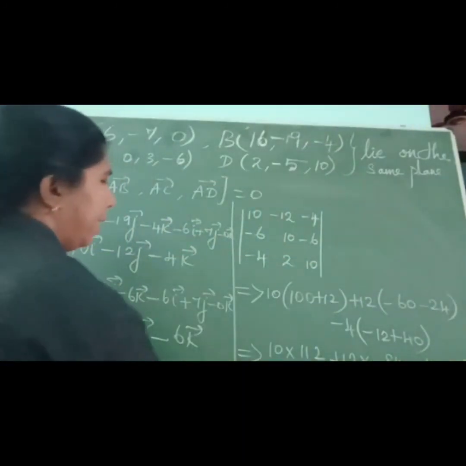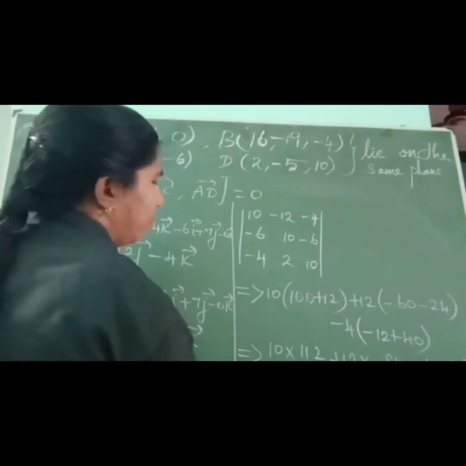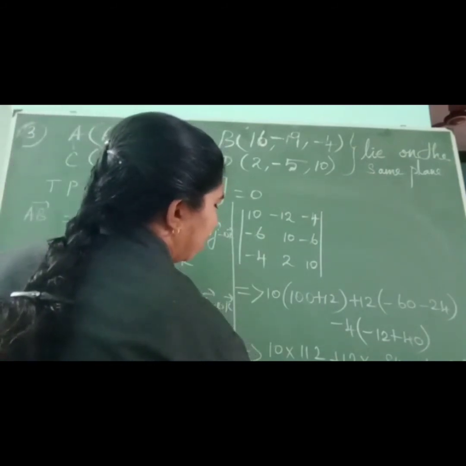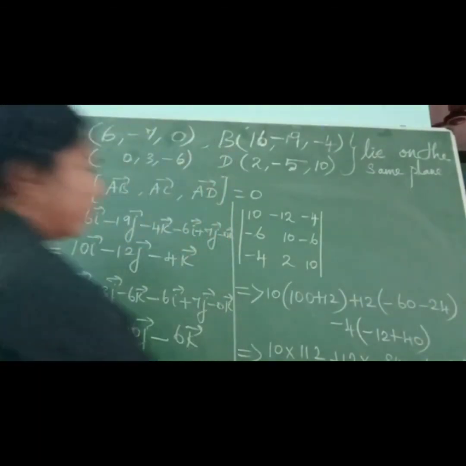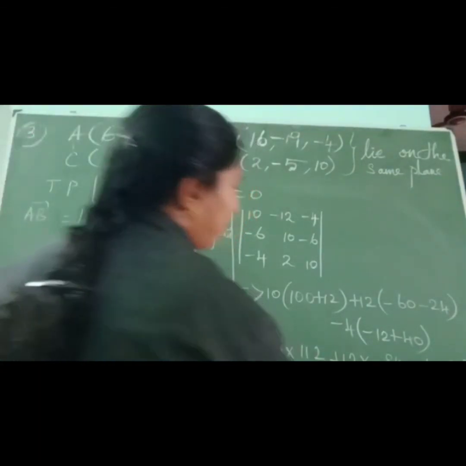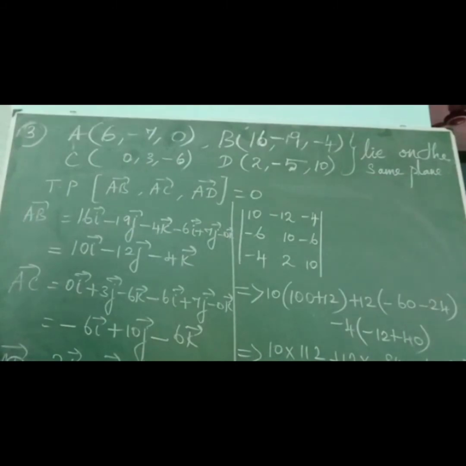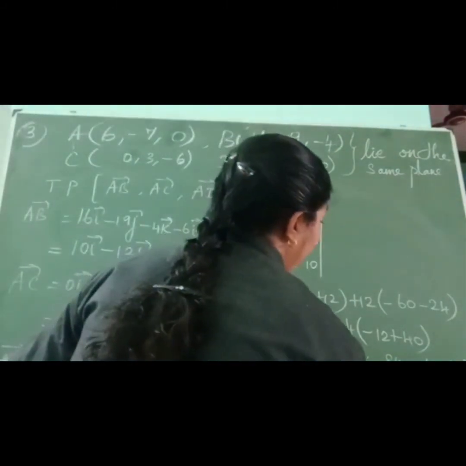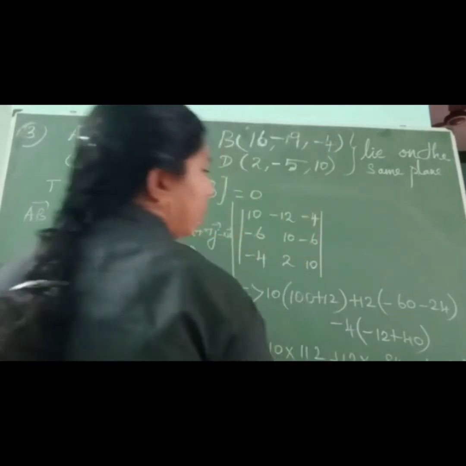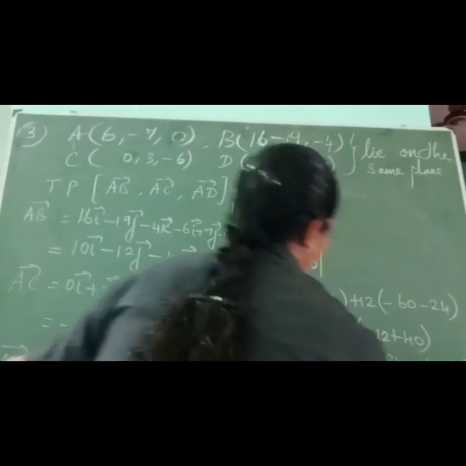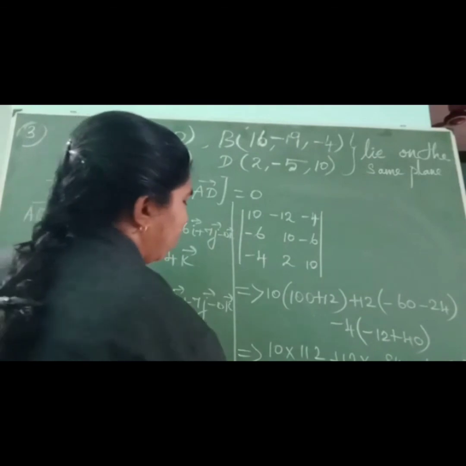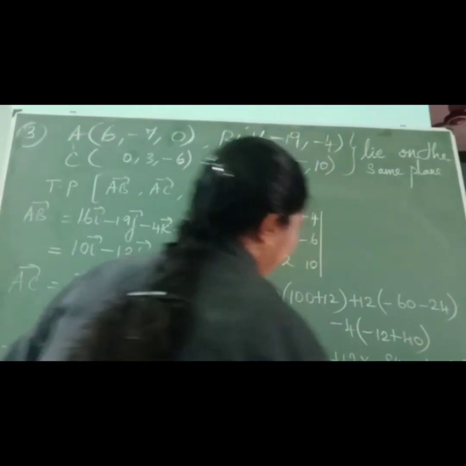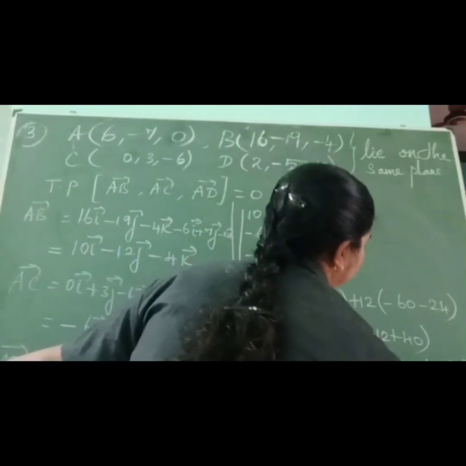When you are multiplying, 1120, and 12 into minus 84 will get minus 1008, minus 112. So we are getting the answer 1120 minus 1120. So cancel, you get the answer as 0.